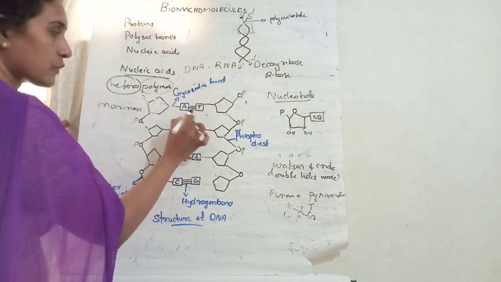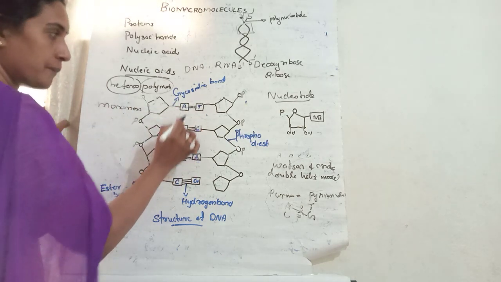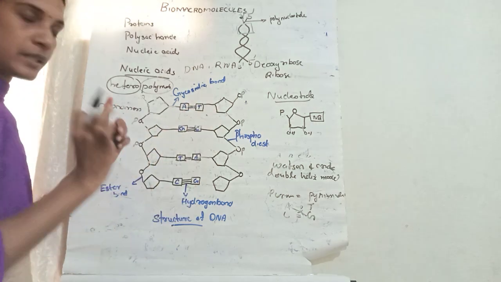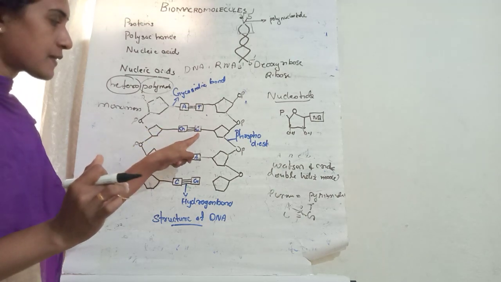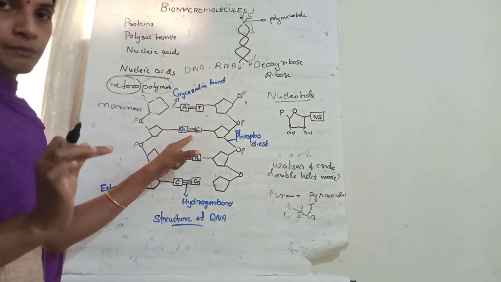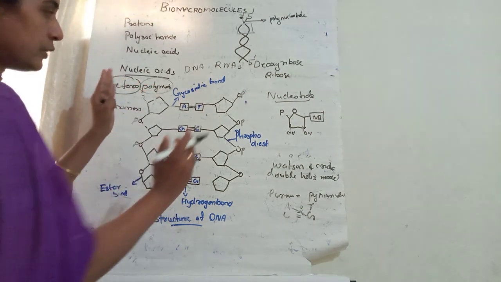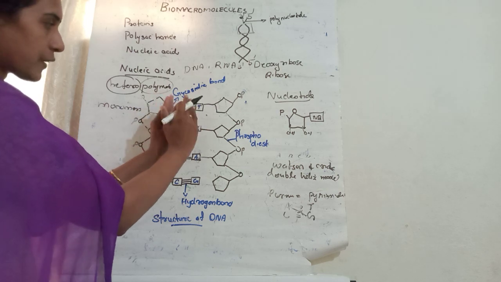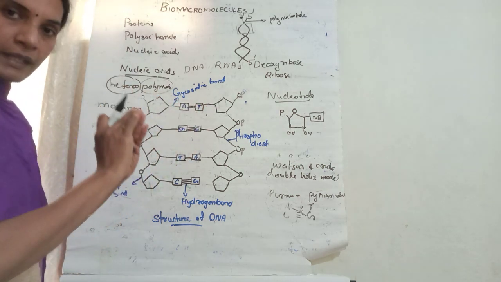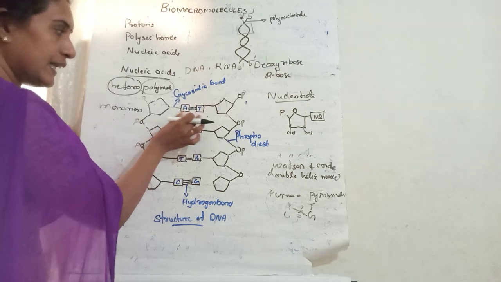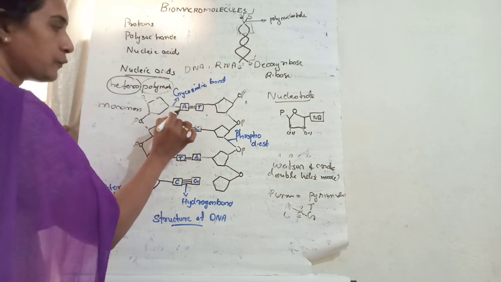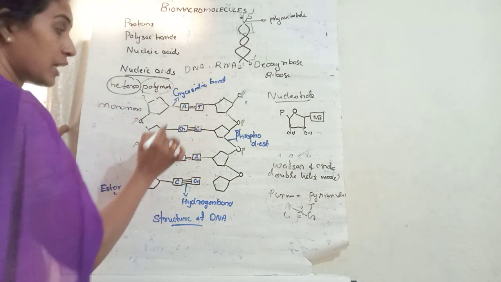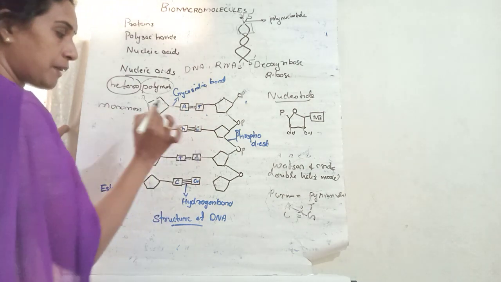What is the bond present between these two nitrogen bases? This is a hydrogen bond. And between adenine and thymine there are 2 hydrogen bonds, a double bond. But between guanine and cytosine it is a triple hydrogen bond. Clear? The nitrogen bases come in the inner portion of the nucleotide, and they pair face to face with each other. The link that helps this pairing for adenine with thymine is a double hydrogen bond. Guanine with cytosine is a triple hydrogen bond.